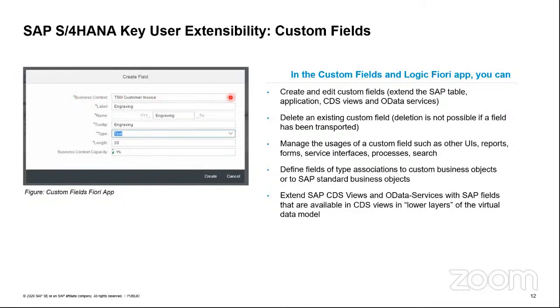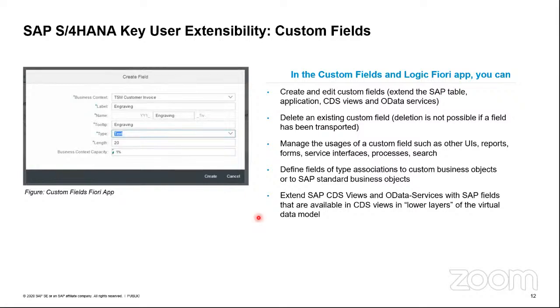If it is related to banking, in this dropdown, you will be able to select that application, that business context. And then after that, you will be able to add a label, add what type of tooltip you want, and what the type of the field is. Is it a text? Is it a checkbox? etc. All these things you can add, and you could give the length also.